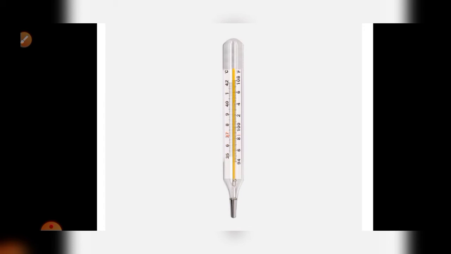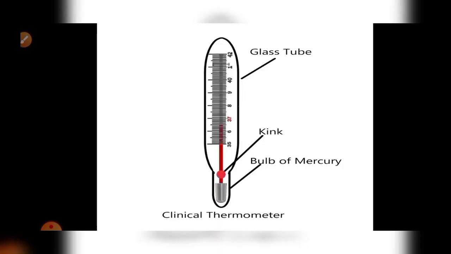A clinical thermometer has a kink in its glass tube just above the bulb containing mercury. The kink is to prevent the backflow of mercury into the thermometer bulb.